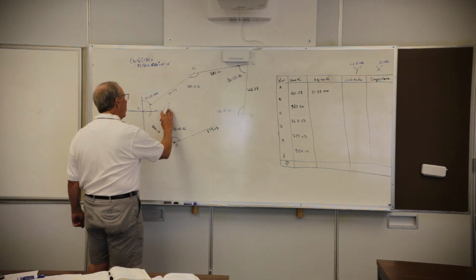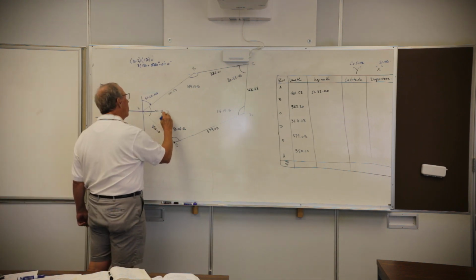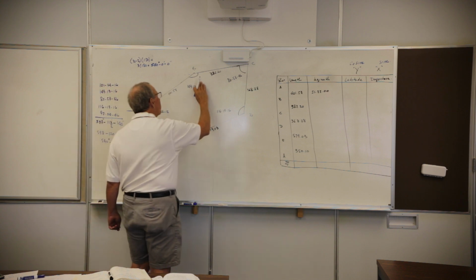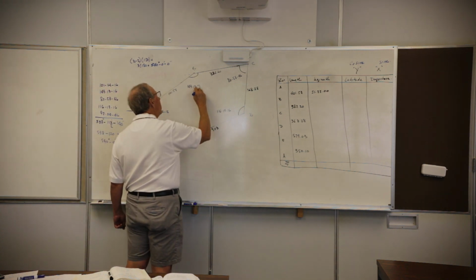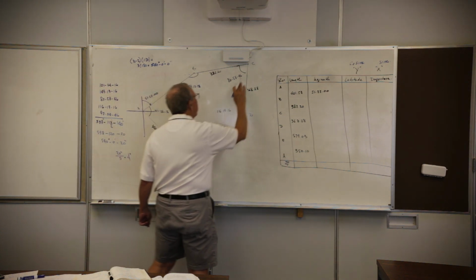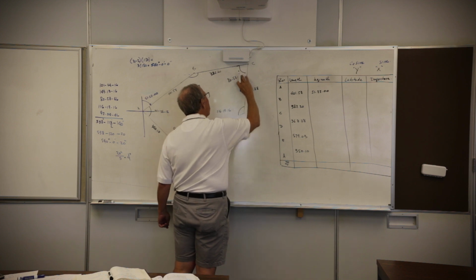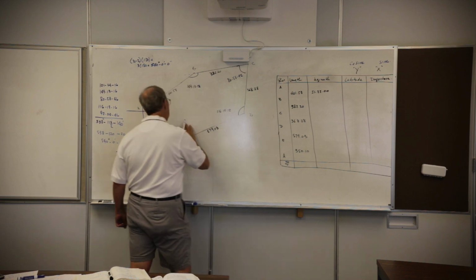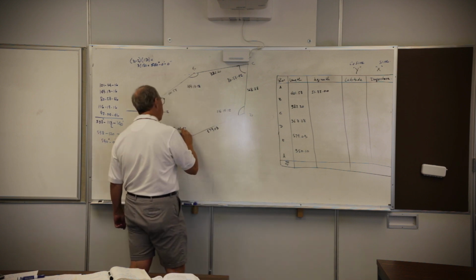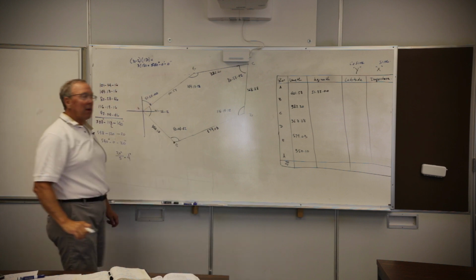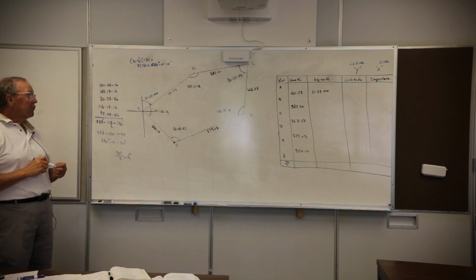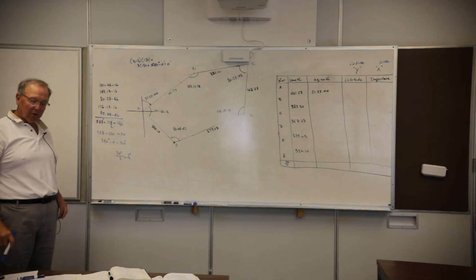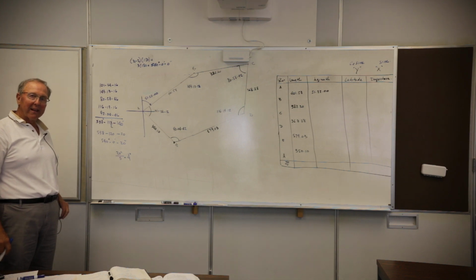So 16 minus 4 is 12. 16 minus 4 is 12. 46 minus 4 is 42. By doing that, now I have changed it so all of the angles close angularly.